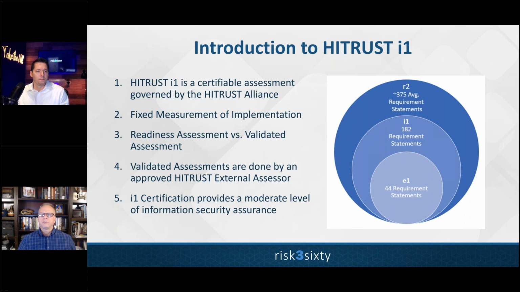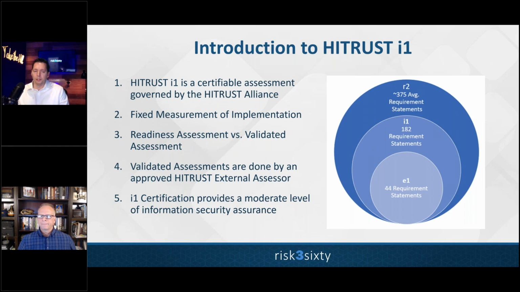The 182 requirement statements are nested in the full risk-based two-year assessment. The graphic on the right demonstrates the nesting of requirement statements. What this means to you is there's no wasted effort as your organization matures to a larger assessment, say the R2.